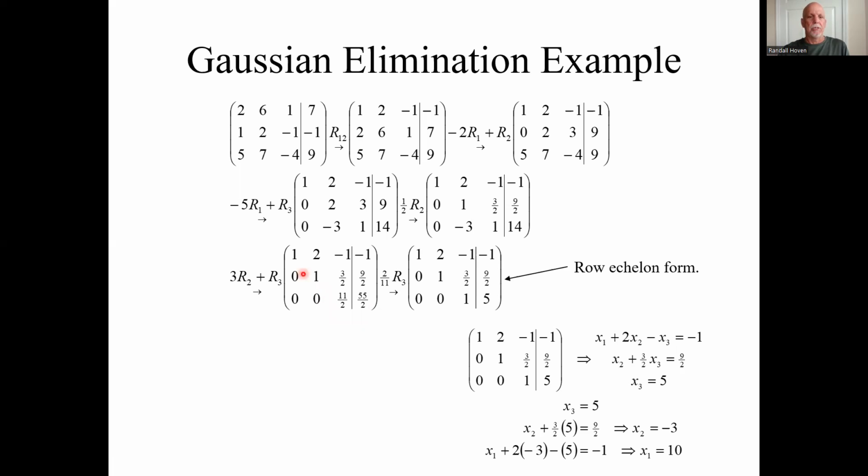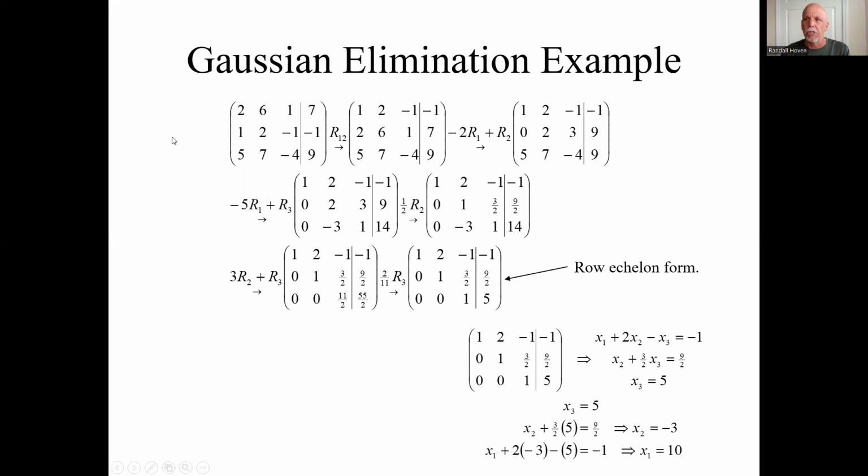But I've made the pivot points the way I want, and I've got zeros down here at the bottom. Now I'll just multiply this bottom row by 2 over 11 to make this guy a 1. There we go. This is now in reduced row echelon form. So that's what I just did here with Gaussian elimination.